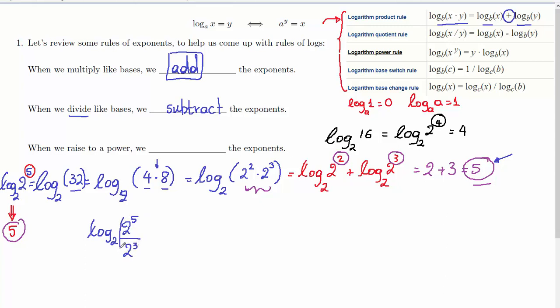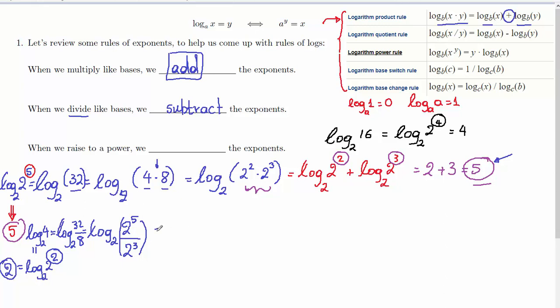Let's look at this. Okay, this is nothing else than log with base 2 of 32 divided by 8. 32 divided by 8 is nothing else than 4. So what I have basically is log with base 2 of 4. But this is the log with base 2 of 2 squared. So this is equal to the exponent and this is equal to the number 2.